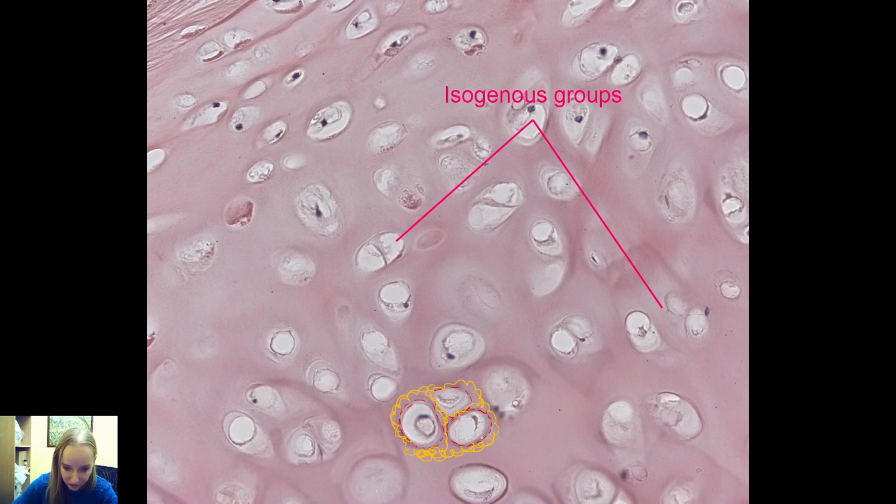A little further from the isogenous group is interterritorial matrix, and it's a little further, and it's right here, like this, or here we can see it like this.